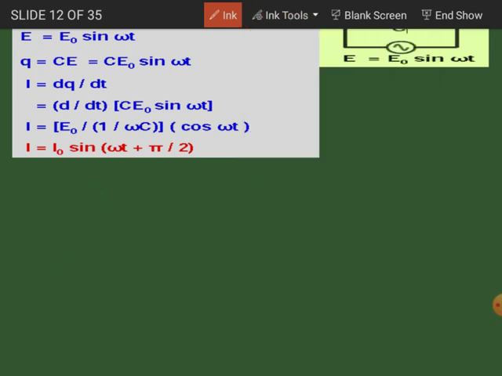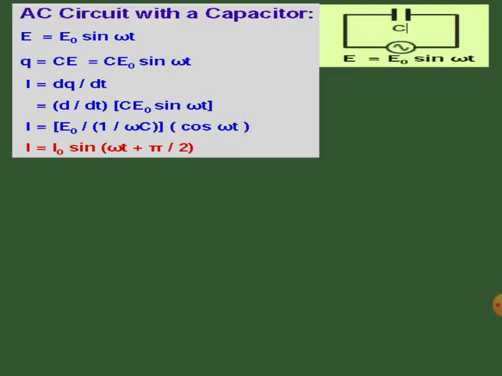So the instantaneous current leads the instantaneous EMF by a phase of pi by 2. In this case, it is just the opposite of the inductor. In the case of the inductor, it was minus, so current lagged. But here it is plus, so the current leads the EMF by a phase of pi by 2.